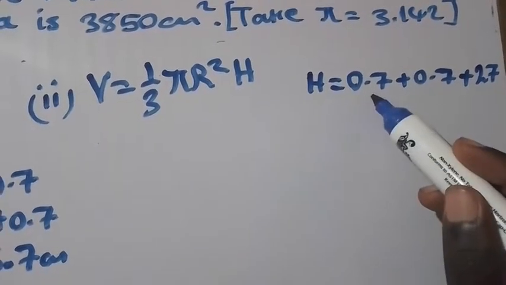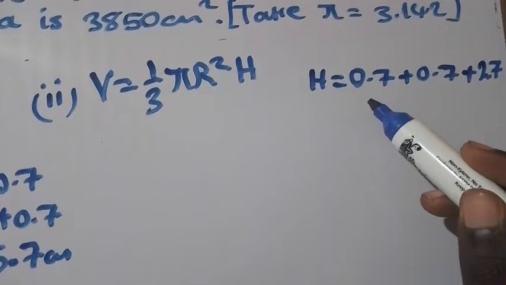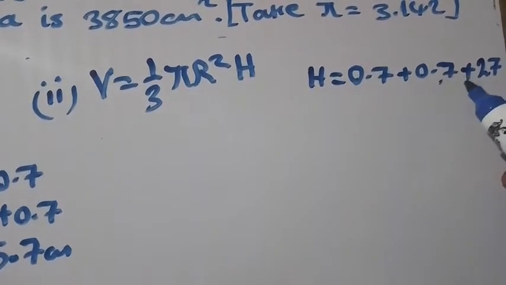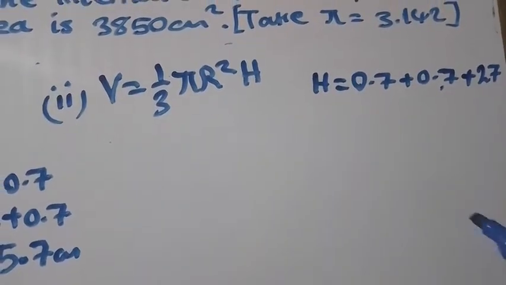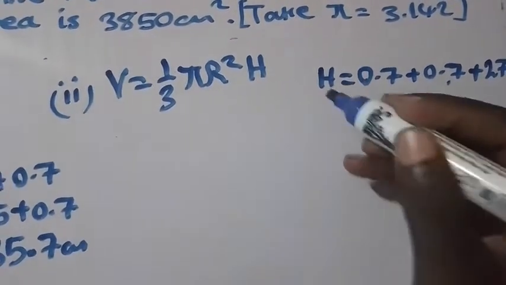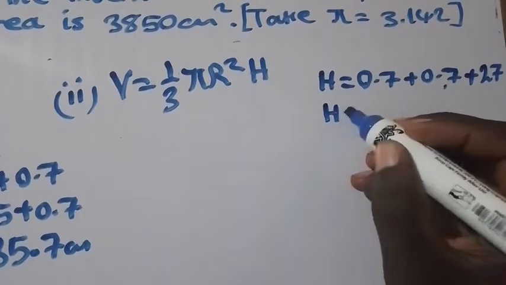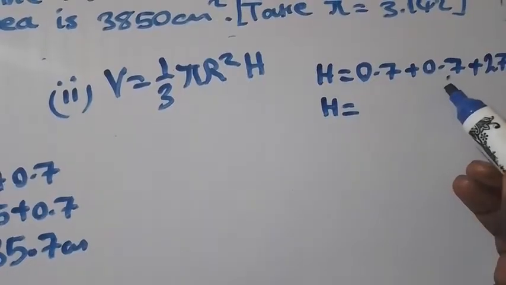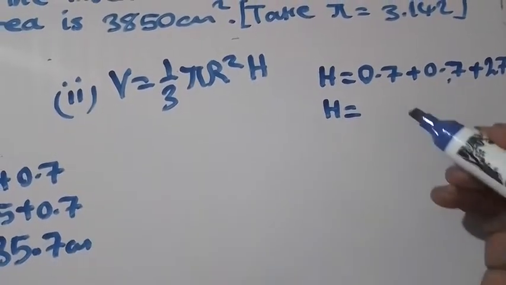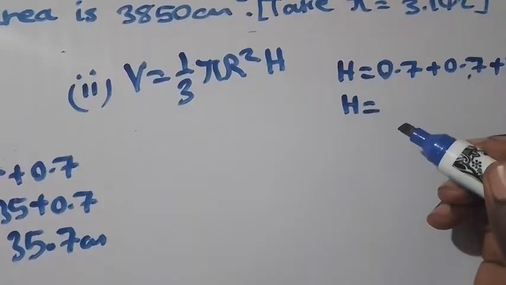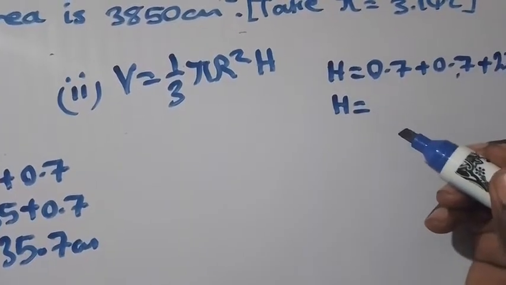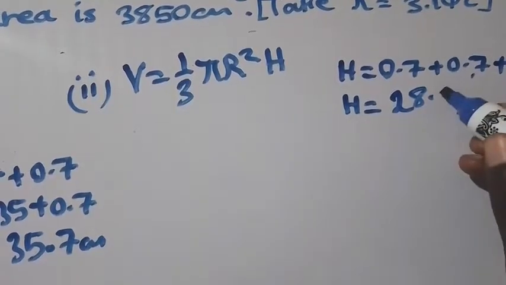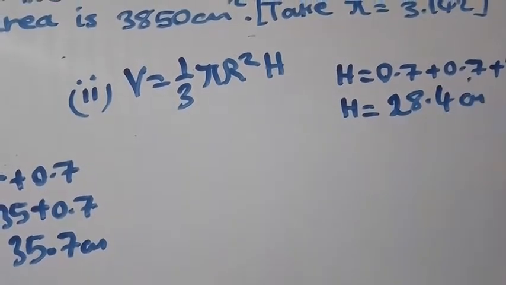So 0.7 is the one coming from the top part, and this other 0.7 is the one coming from the bottom, for us to have the complete height. So capital letter H will be equal to 0.7 plus 0.7 plus 27. This will give us 28.4 centimeters.